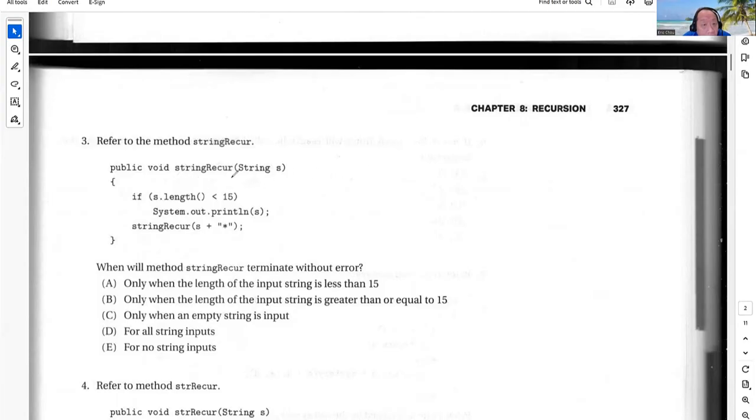How to analyze this problem? The termination condition: you will stop, or you will not stop actually. This one you will not stop. So let's see, if the length is less than 15, if the length is below 15, you will print, right?